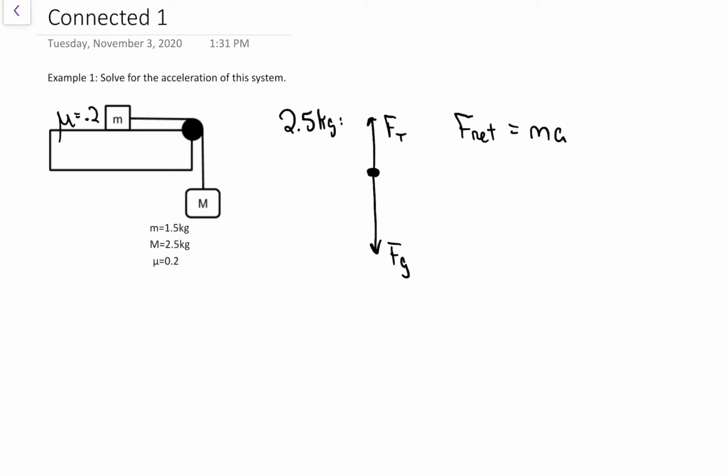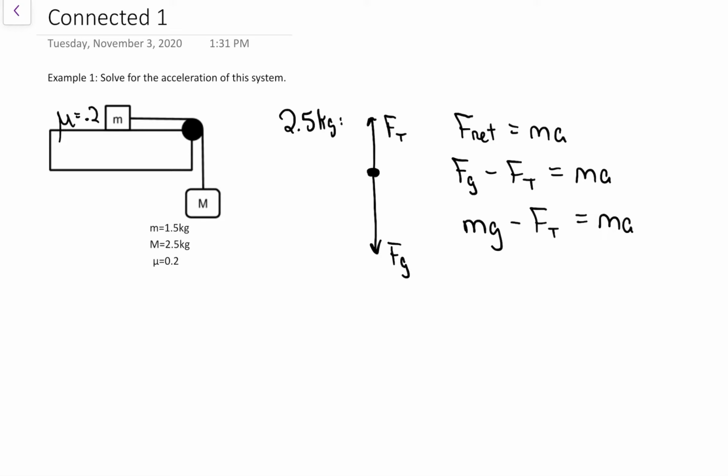I'm going to think of the forces, and whichever one wins or is larger, whichever direction it's accelerating, I'm going to call that positive. So for this one, gravity is going to win. I'm going to say gravity is the positive force, tension's the negative force, and that's equal to ma. Gravity is always mg minus Ft equals ma.